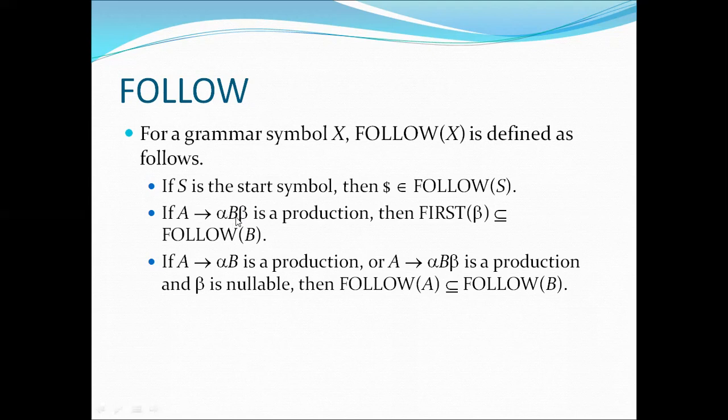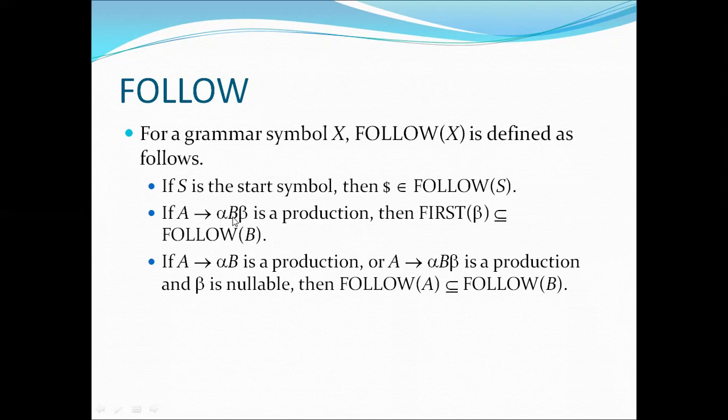B is available there. Suppose we are finding the follow for B, just check what is following B. If beta is following B, we need to include the first of beta in the follow of B.